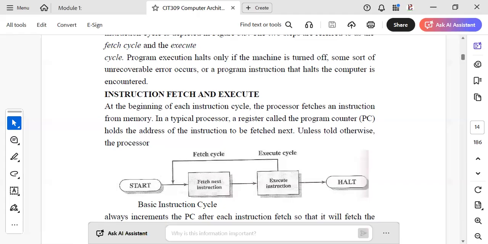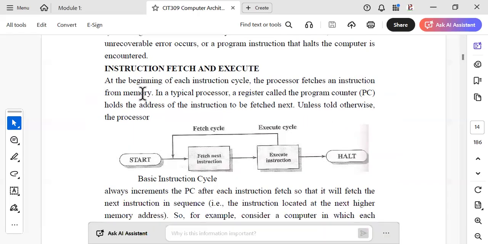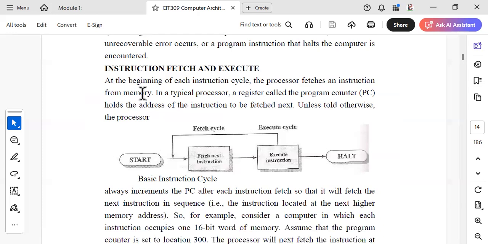If you check the other part of this, the way this works is that they said at the beginning of each instruction cycle, the processor fetches an instruction.